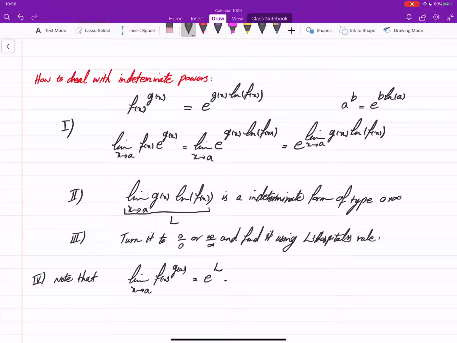So we do this trick, turn it into an indeterminate product, then turn it into 0 over 0, use L'Hopital and solve it, and then put it in the power of e.